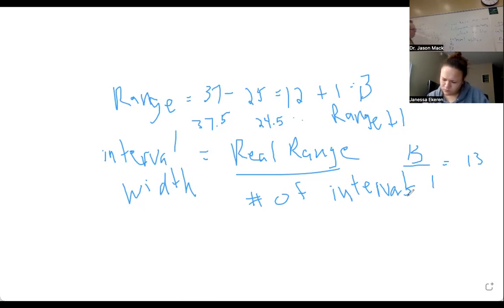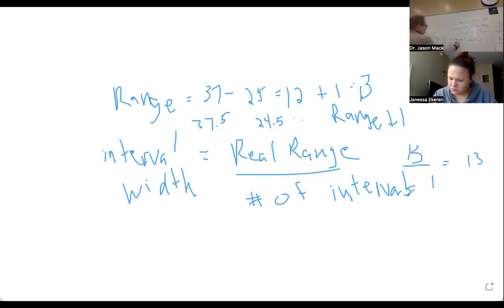But there's going to be one more upper boundary, which would be 109. Why? Because we know that the interval width is always 21. And how do we get that?